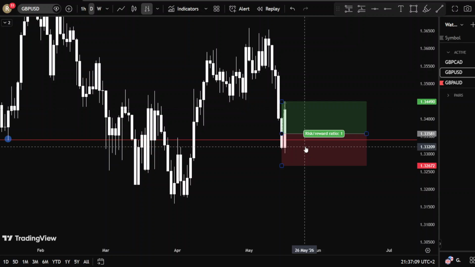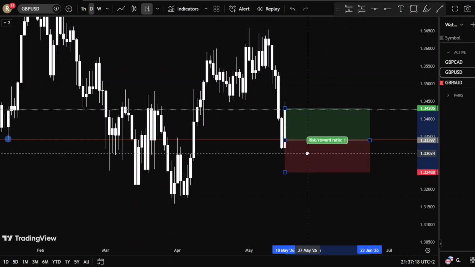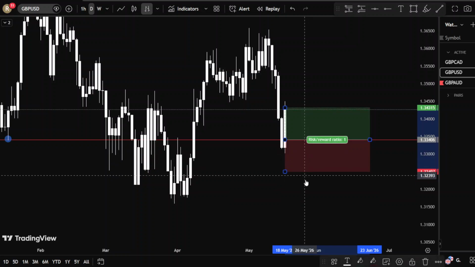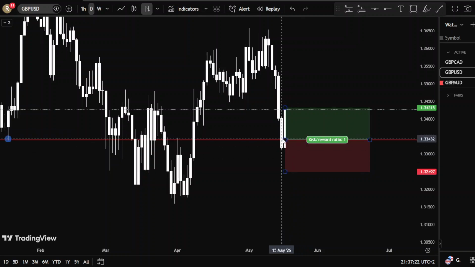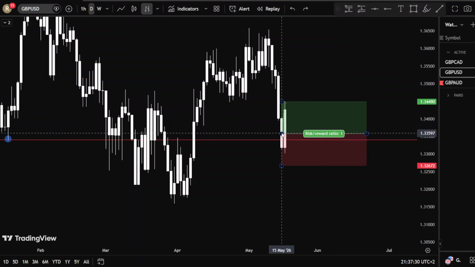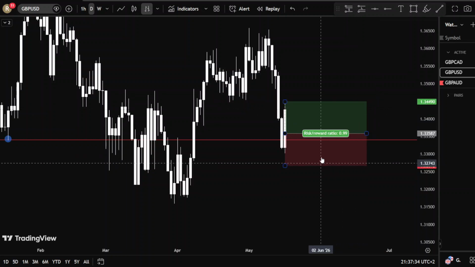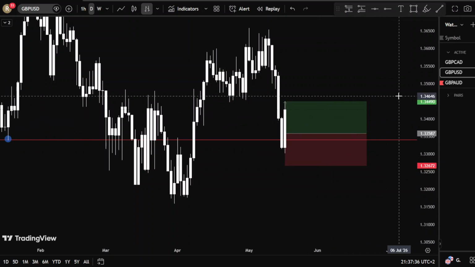But yeah, again, this trade I took a little bit late. I would probably have had it a little bit more down here, to be honest. But I wasn't awake at that time, and when I woke up, the trade was kind of still valid. So I took it around here for a 1-to-1 risk to reward.